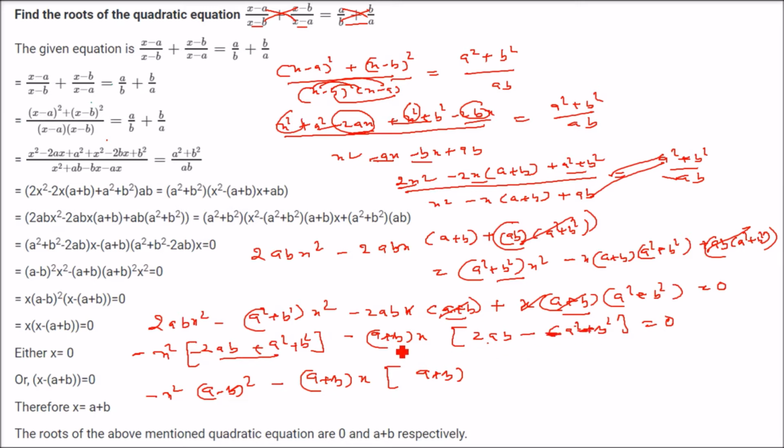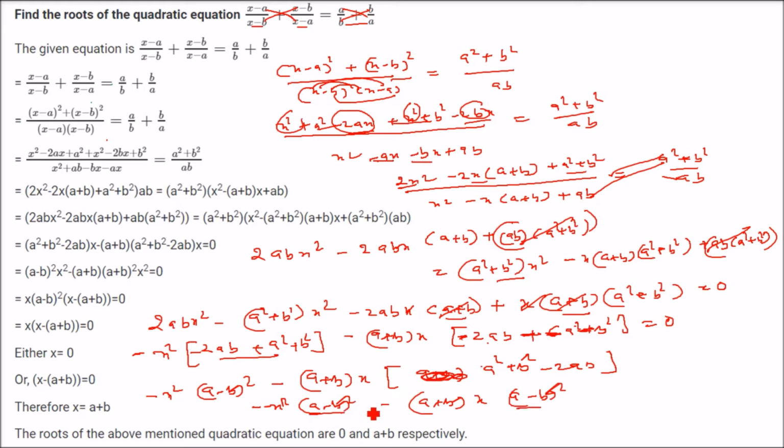Again I am taking minus common, so minus will be a plus bx, so this will be minus 2ab, taking common a square plus b square, and this will be minus 2ab. This will become plus and this will become minus because I have taken minus common. So this again will be a minus b whole square, so this will be minus x square a minus b whole square minus a plus b x, and here a minus b whole square.